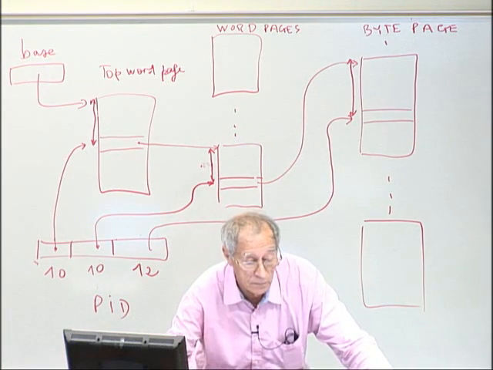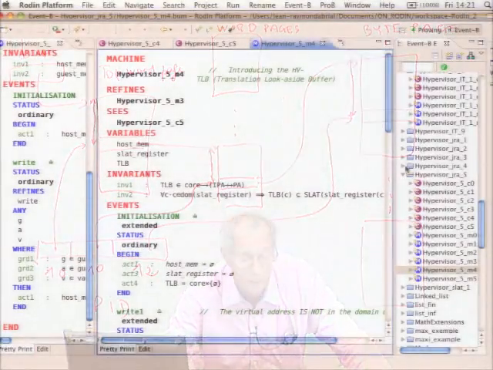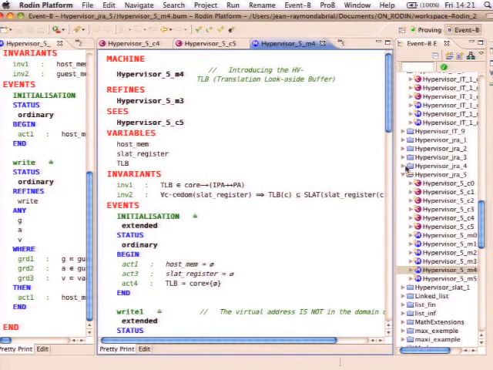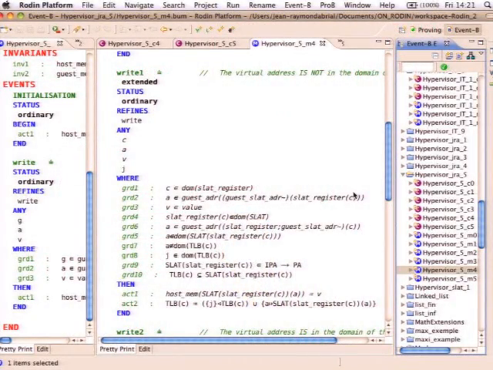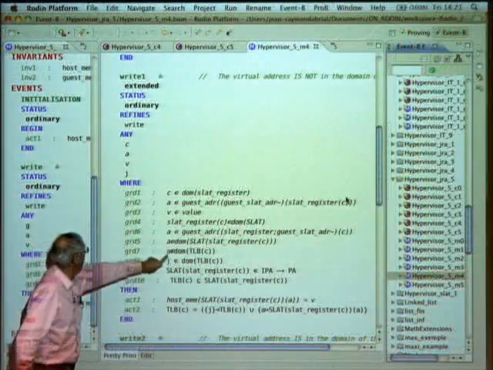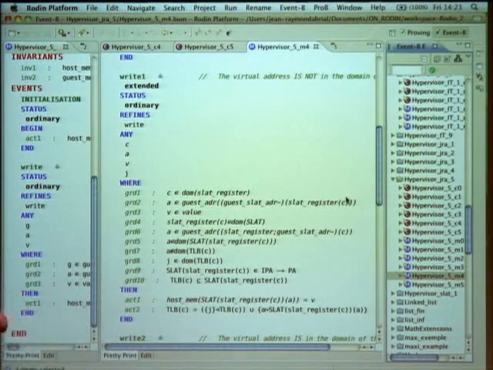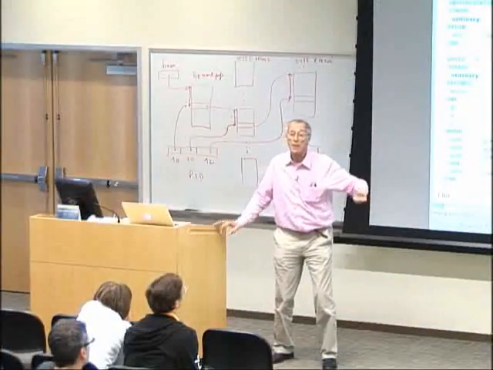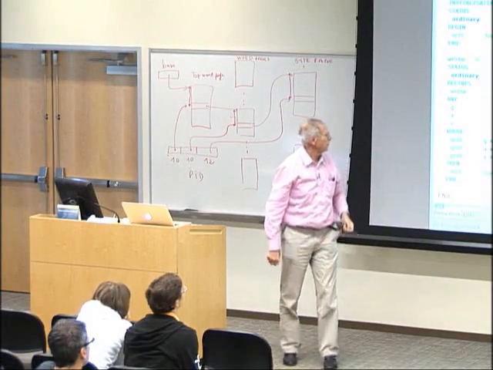So this is described here. In fact the write operation is divided into write 1 and write 2. In write 1, the address is not in the domain of the TLB. Therefore, we have to walk, we have to do painfully the work.